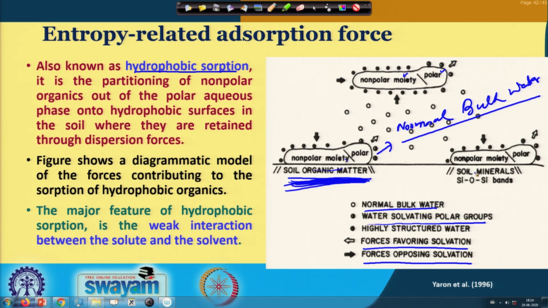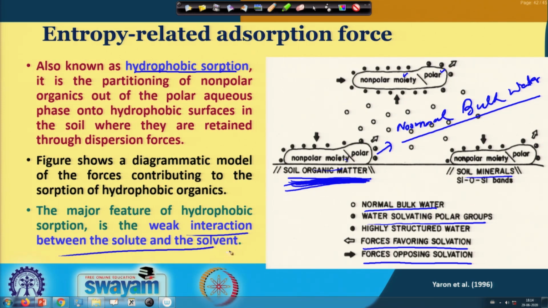You can see similar things in some soil minerals, where the nonpolar moiety will be adsorbed, and obviously the polar phase will try to go out and favor the solvation process in the polar aqueous phase.